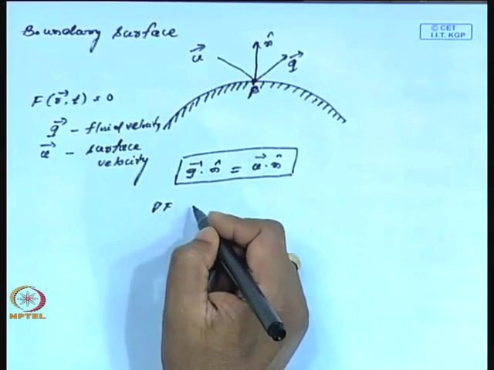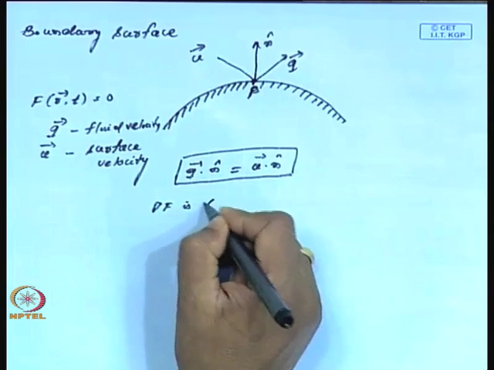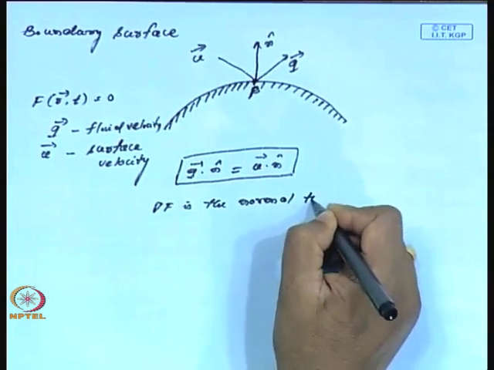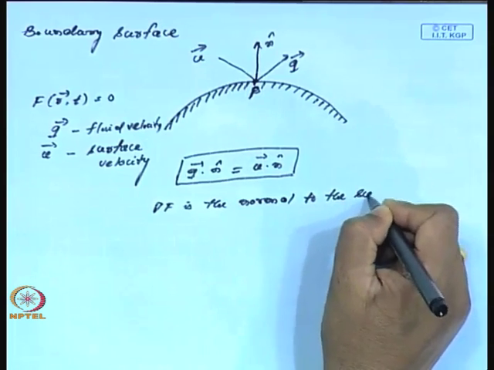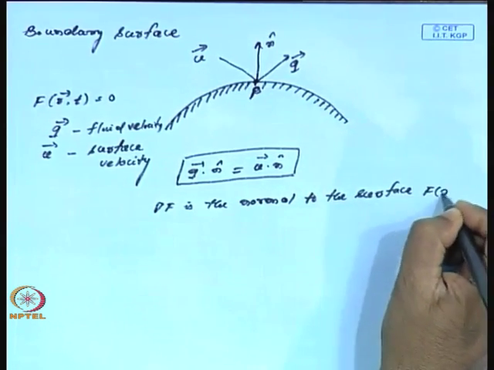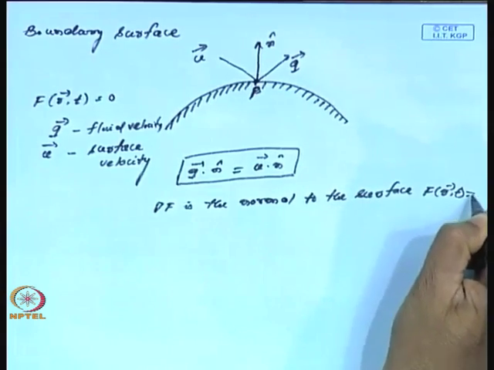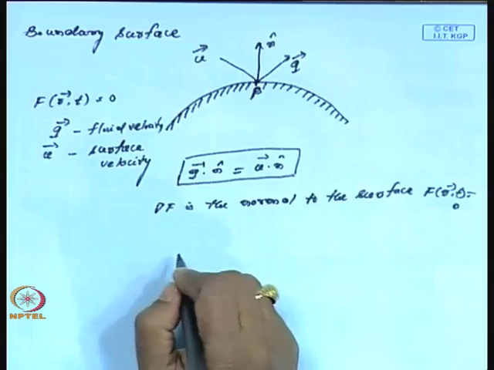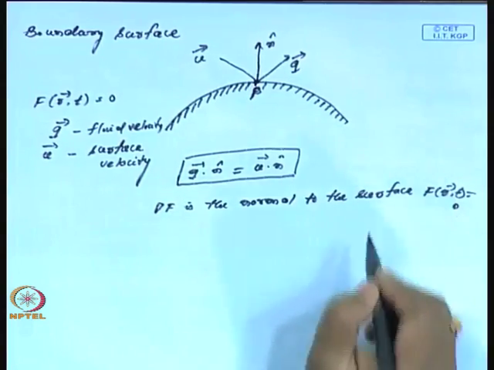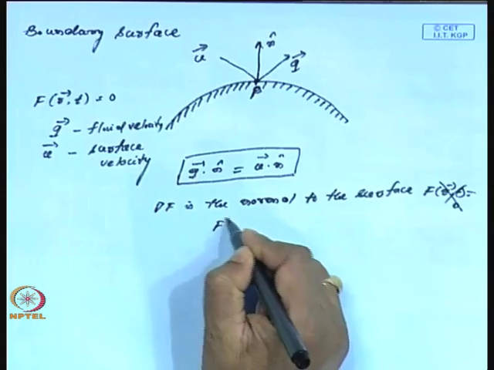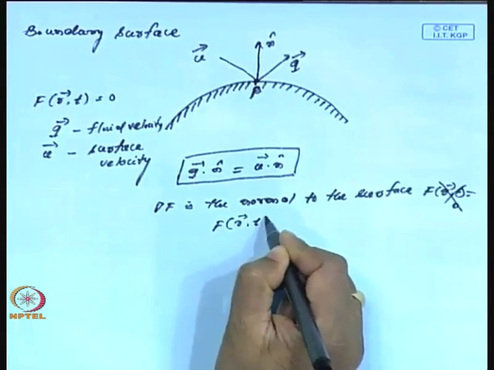Grad f is the normal to the surface f of r bar, t is 0.